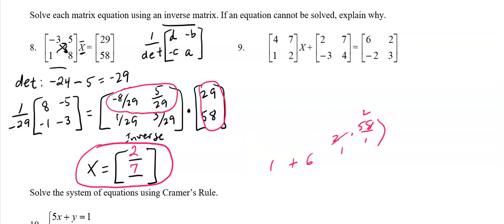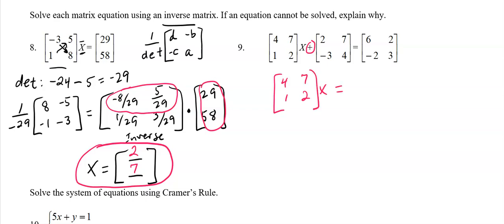So make sure that you're good with finding the inverse of a 2 by 2 matrix. We have an additional step in this problem that we did not have in number 8. We have to subtract. We have to do the opposite of addition here first. So let's go ahead and show that step.